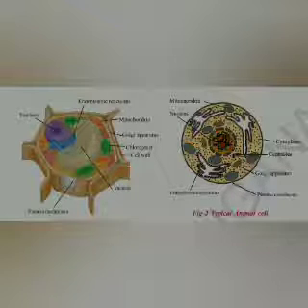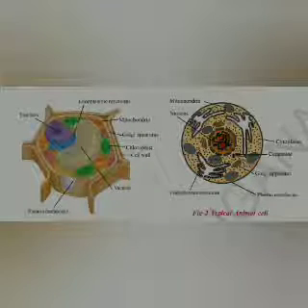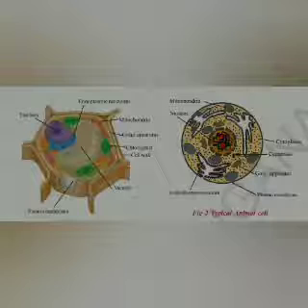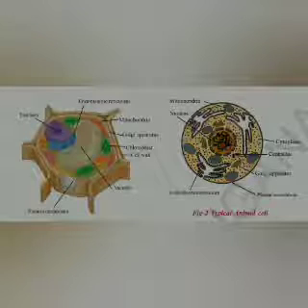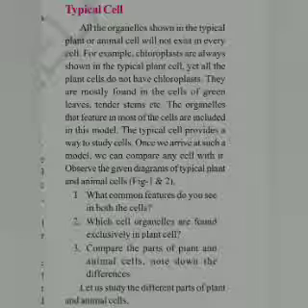Tomorrow we will discuss the differences between plant cells and animal cells, the plasma membrane, and the different functions of different cell organelles in the next topics.